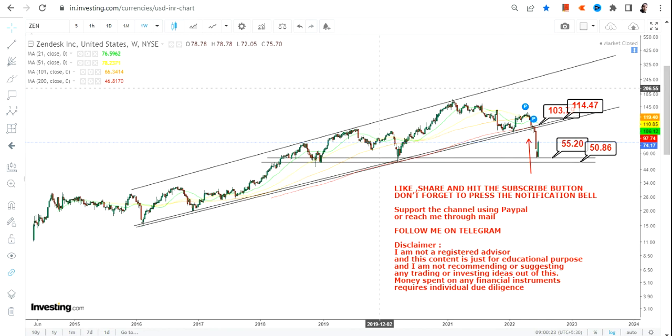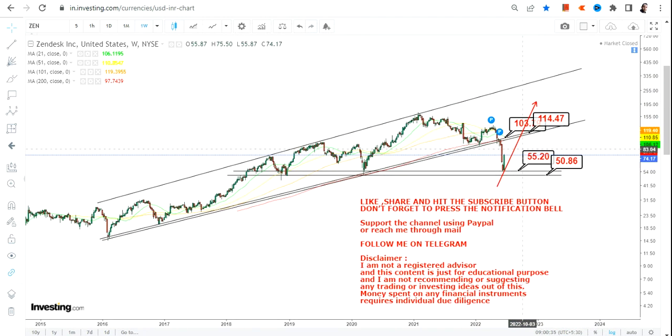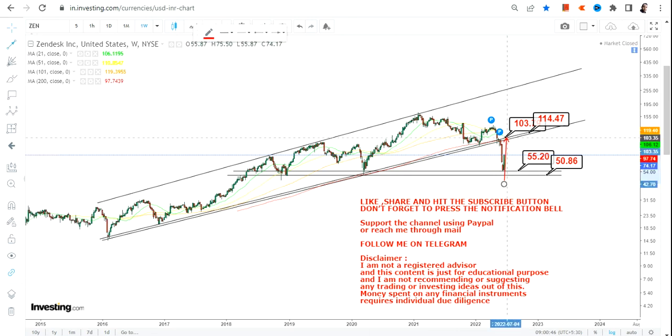Now the stock must surpass above 103 and 114, or above these two lines, so that your old range gets activated. Until and unless that happens, we have a resistance in between this zone.